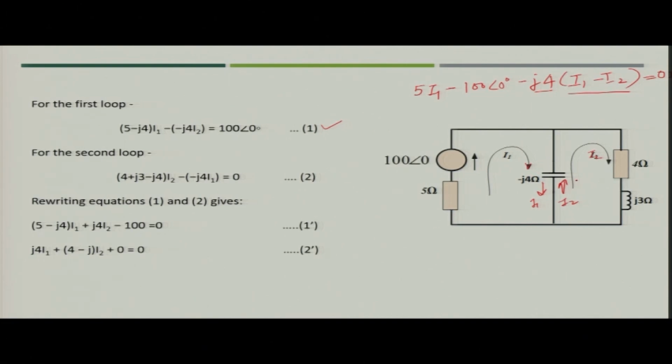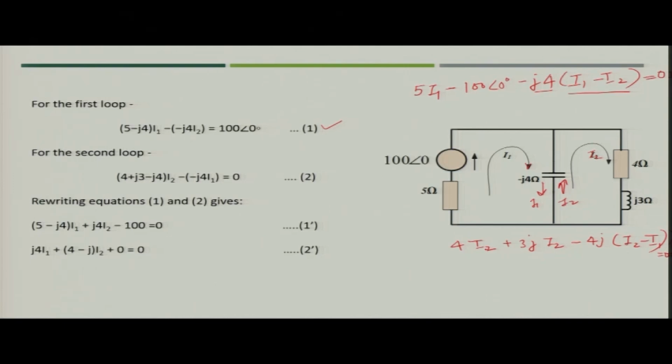Now, for the second mesh, the equation you can write, if you start with 4 ohm, is 4 into I2 plus 3j into I2, and then you come here, minus 4j into (I2 minus I1), and that would be equal to 0.